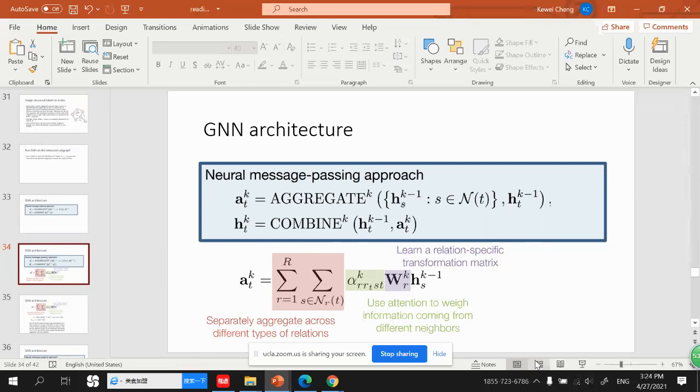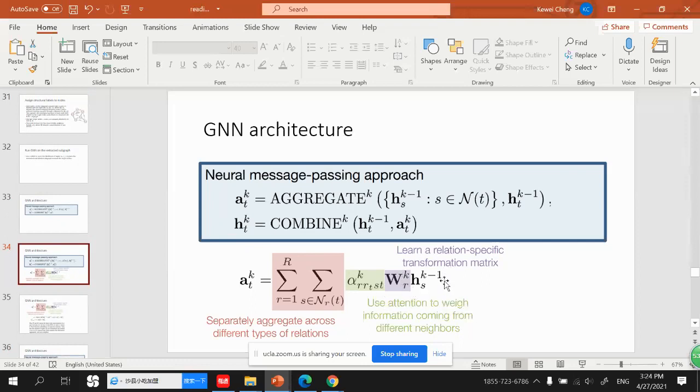For all the relations in the knowledge graph, we find the neighbors of the target node T, and then we first transform its neighbor using a relation-specific transformation matrix, to construct a new embedding which can encode the relation-specific information.